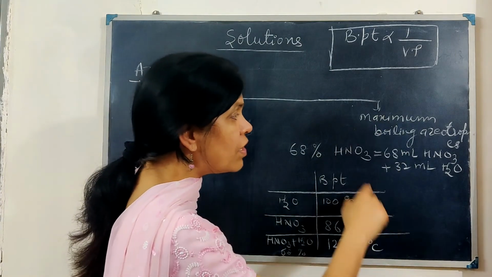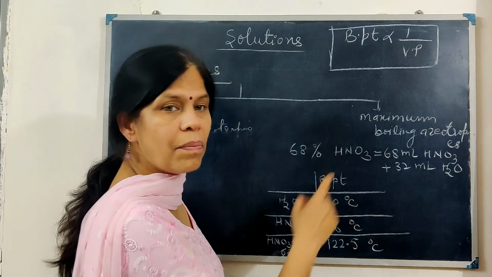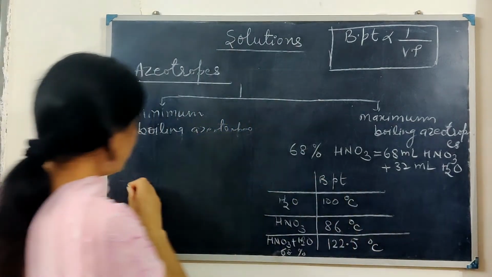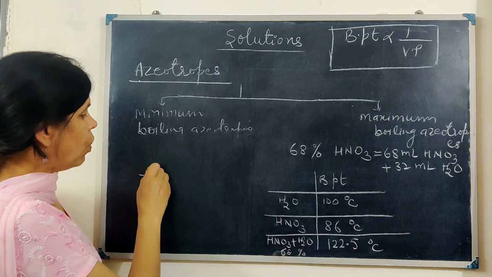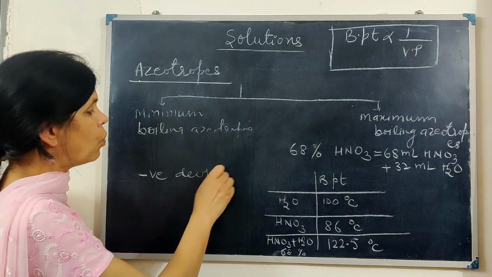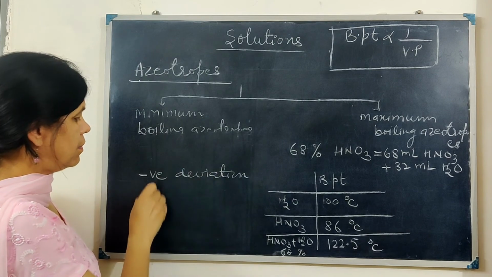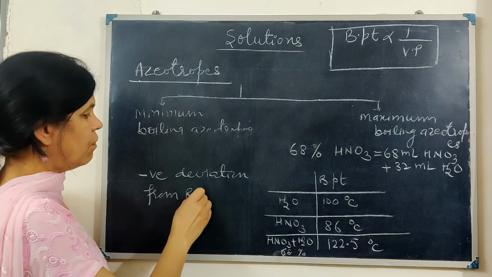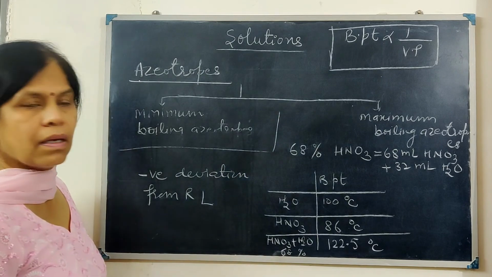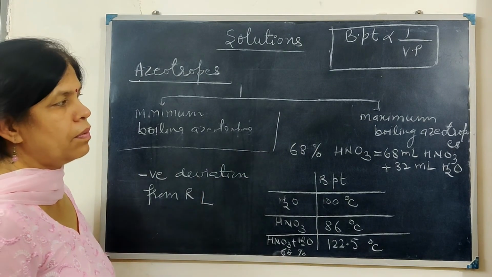And naturally, who will make this kind of azeotrope? You can learn that solutions which show negative deviation from Raoult's law will show this kind of azeotrope.